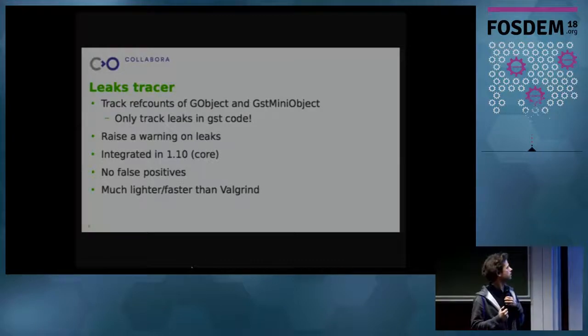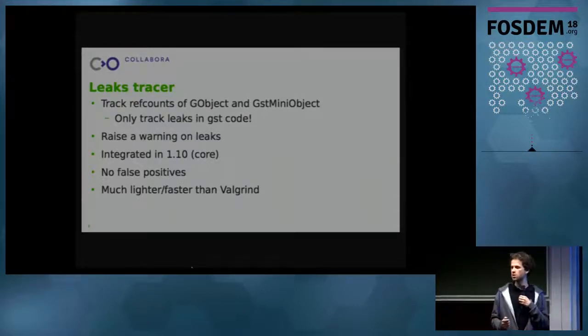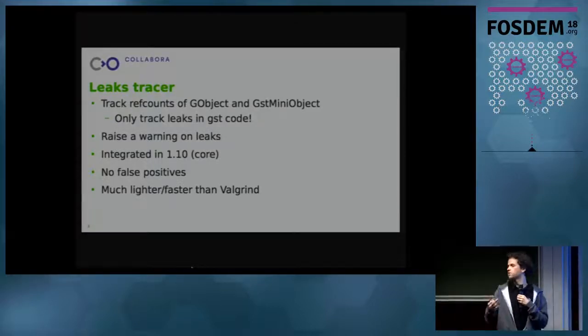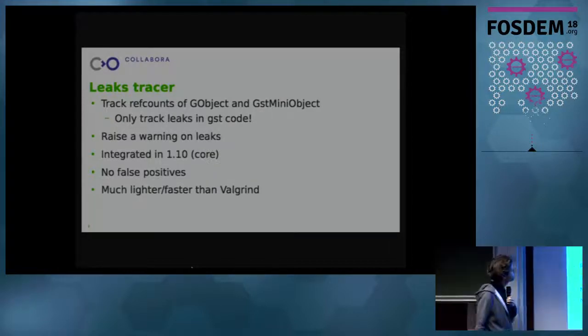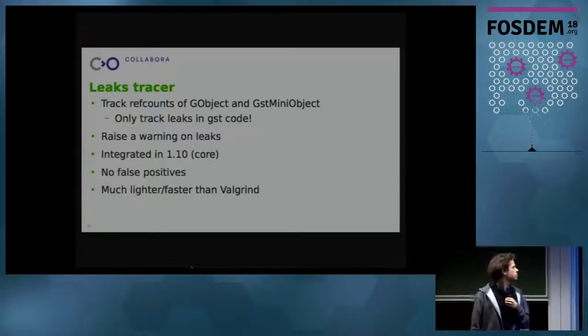So it will keep track of that, and at the end of the execution of the application, if it detects that some objects are still alive, which have been leaked because they should have been destroyed at this point, it will raise a GLib warning. So that's something you can really hook into your QA system or CI system, to detect if any leaks have been introduced.